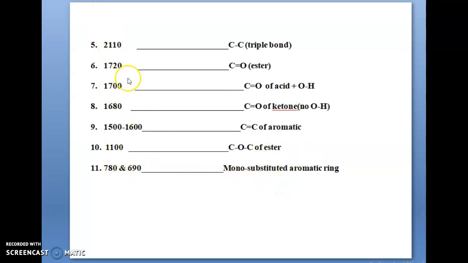These are the frequency ranges in cm inverse and the functional groups for IR.